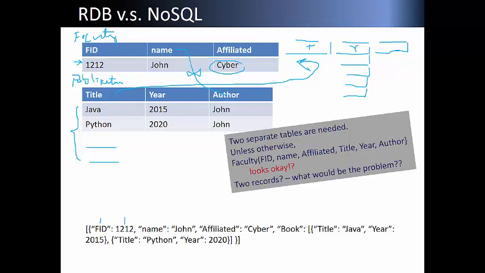Book, or publication, is a key, or we call that attributes, and has a value. The value itself is not an atomic value, as we could see in the other case. The value of the affiliated attribute could be cyber, but the value of the attribute book will be another list. See here, list starts, this is the end.